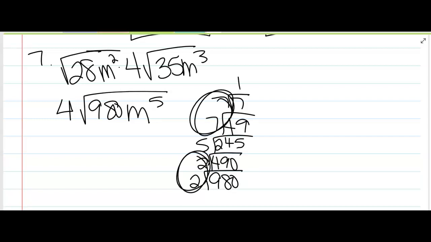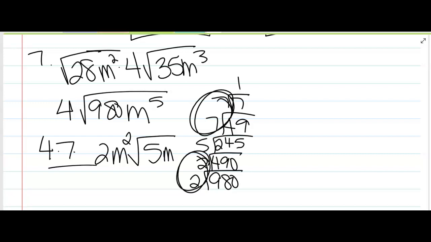So on the outside of the radical, we have the 4 from the beginning. We have a pair of 7s, and we have a pair of 2's. I'm going to leave a little gap for the variables. And underneath the radical, we just have that 5 that's left over. Now, if I finish this one up, if I look at the m to the 5th, if you think about having 5 m's being multiplied together, you would be able to create 2 pairs out of that, but there would still be 1 left over there at the end.